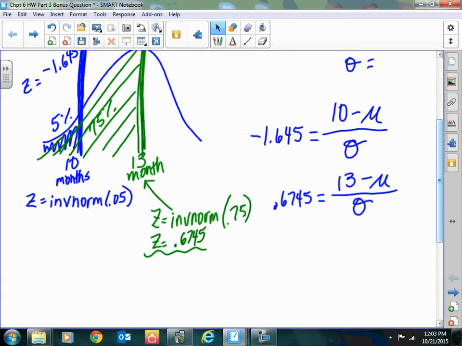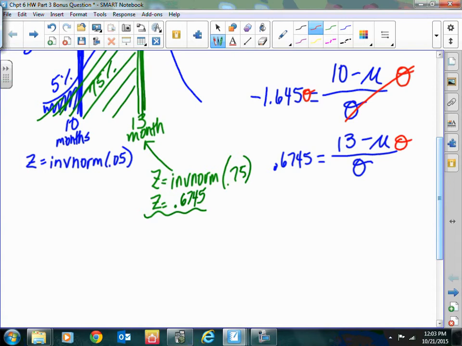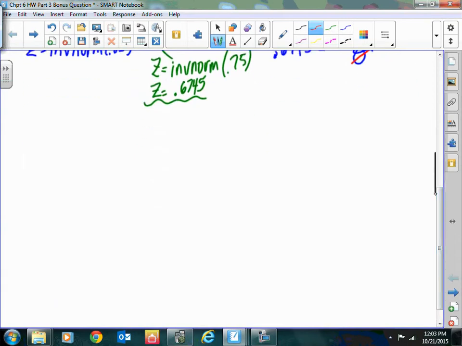You can do substitution or elimination or whatever, but first, let's fix it so we get rid of the fraction going on. How are you going to unfractionize it? Okay, how about we multiply both sides by standard deviation to get it off the bottom on both problems. So, I will rewrite these all nice and neat.